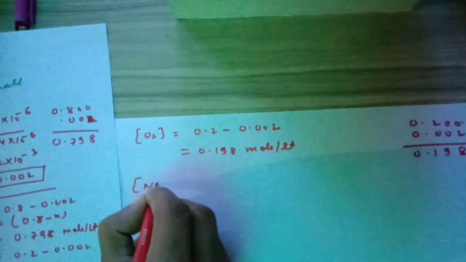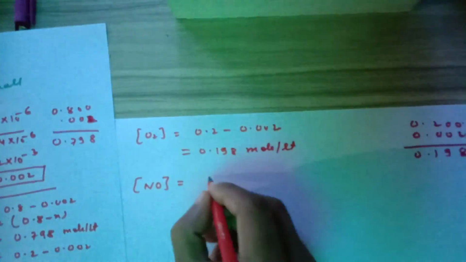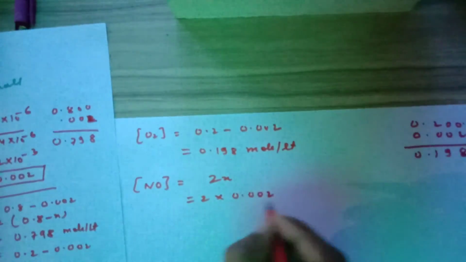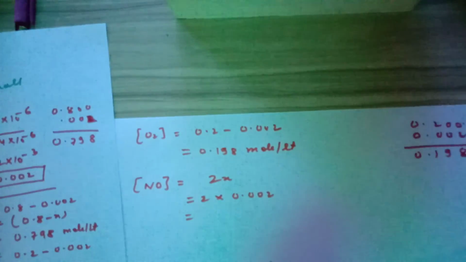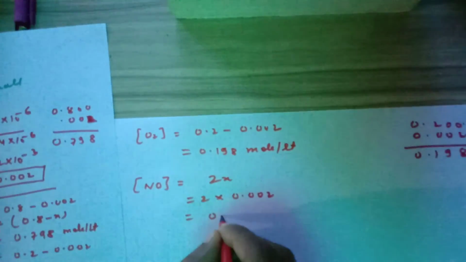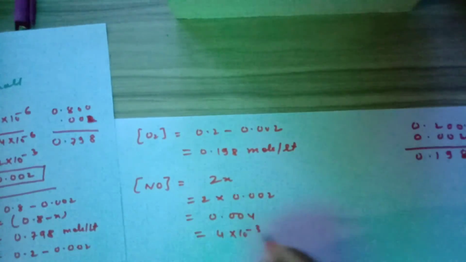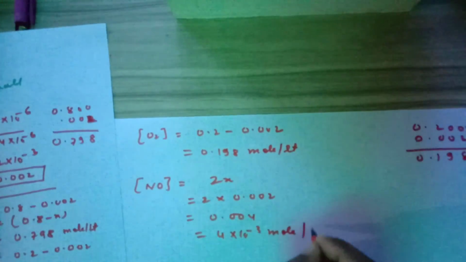And for NO, it will be 2x, so 2 into 0.002, which is 0.004, or you can say 4 into 10 to the power minus 3 mole per liter.